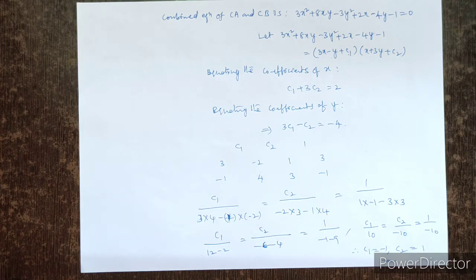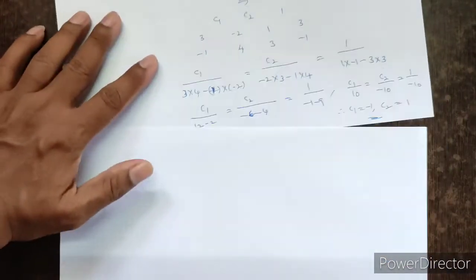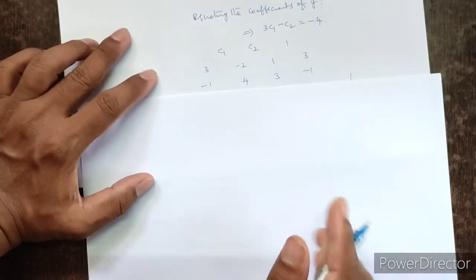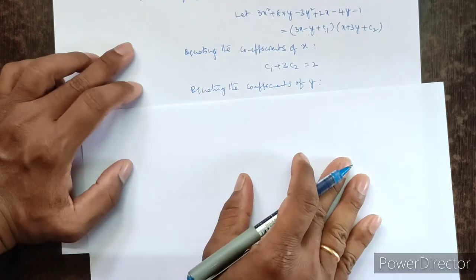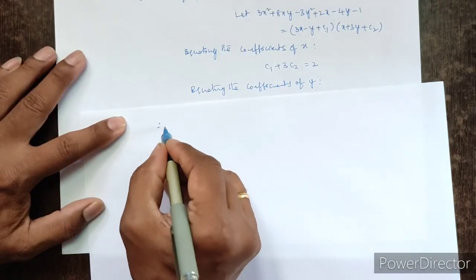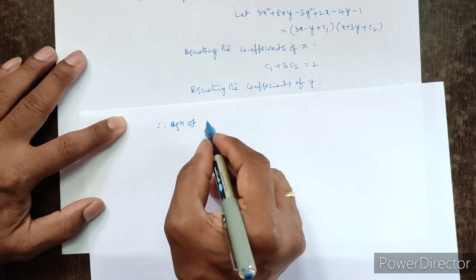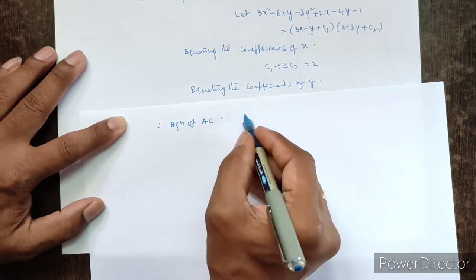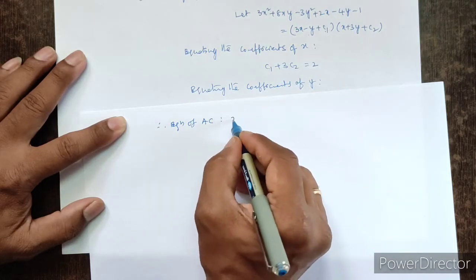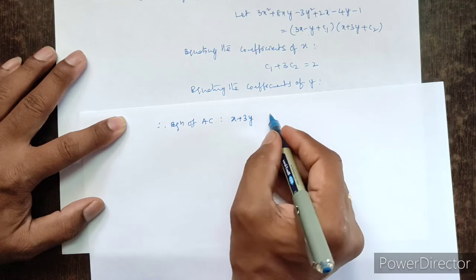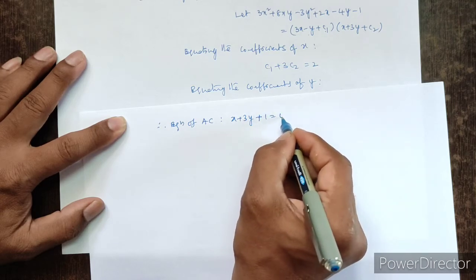So what is the equation of CA and CB? Therefore equation of AC is x plus 3y plus c2, that is 1, equal to 0.